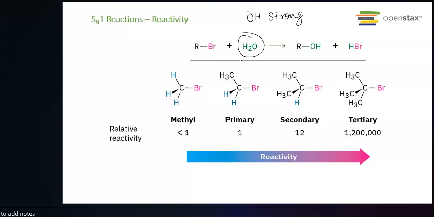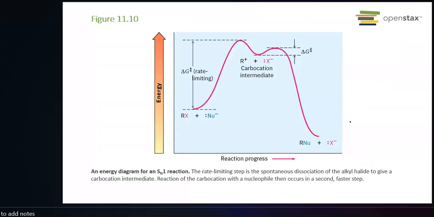However, for this reaction, tertiary alkyl halides would work the best, and the methyl alkyl halides would work the least. Okay, so this means that the mechanism of SN2 reactions is different from SN1 reactions.